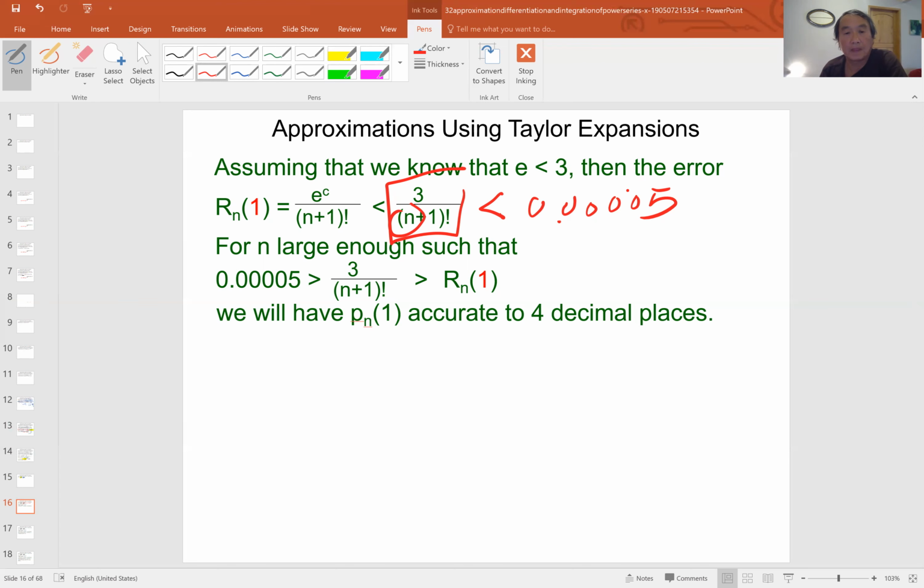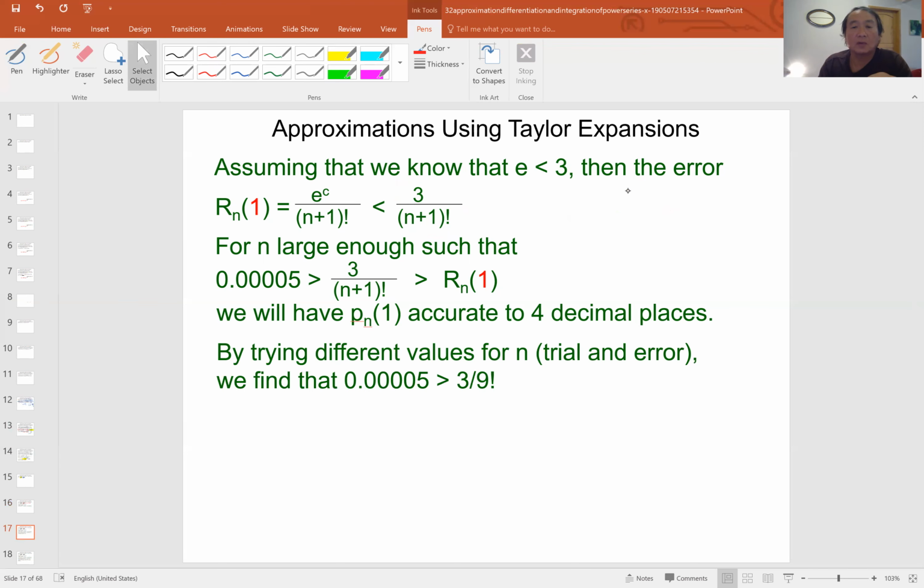At this point, you say, well, gee, how do I solve this? N plus 1 is in a factorial. How do I solve this inequality? Well, we don't really have to solve it. You can just plug in a number, like let's say put 5 in there. By trial and error, see which number n will fit.